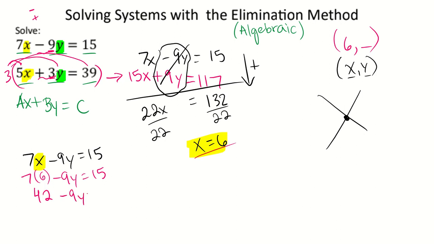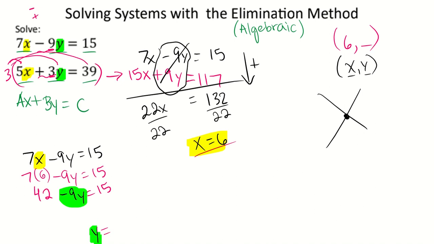Minus 9y equals 15. Our goal here is to get the y by itself. Between these two, we're going to keep the y. That y needs to stay because that's what we're solving for. So we're going to eliminate the 42 by doing minus 42 on both sides. Now 15 minus 42 gives us negative 27.